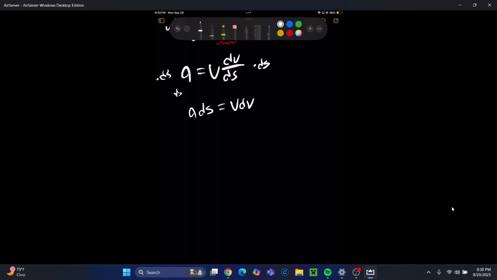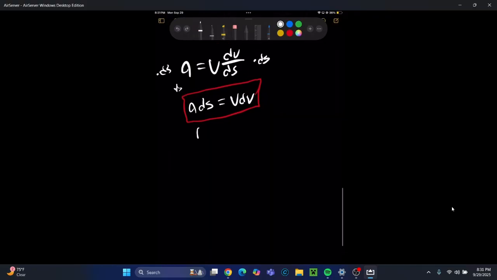This is an identity you've probably seen a couple times. It's really helpful because we don't have time in here. If we know some conditions of our system, we don't even need time to figure it out. Based on initial values, we know much more.